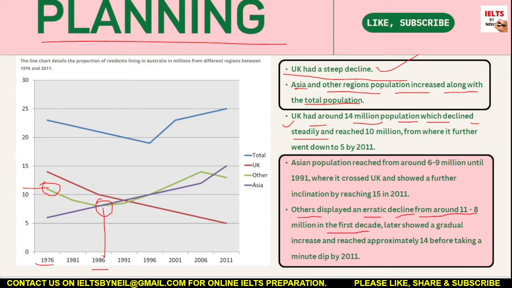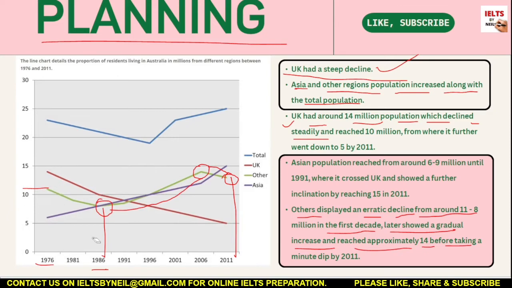In the first decade, that's true. Later it showed a gradual increase and reached approximately 14 before taking a minute dip, minute meaning small dip, by 2011. That is true. Okay.